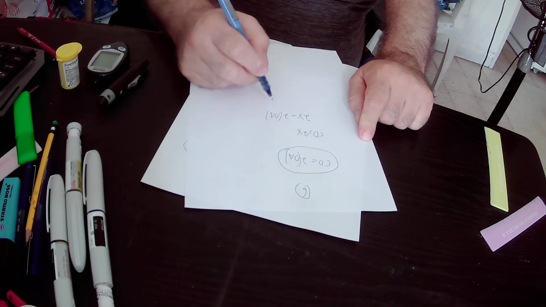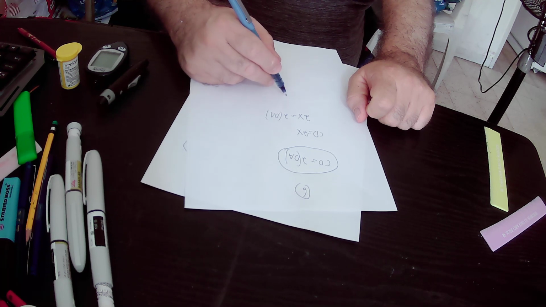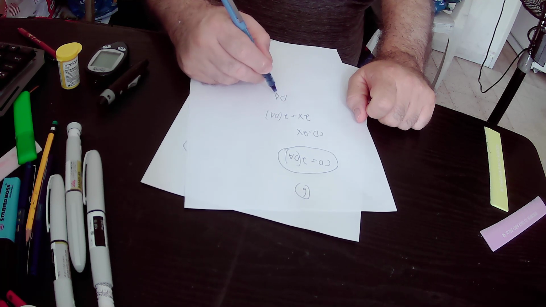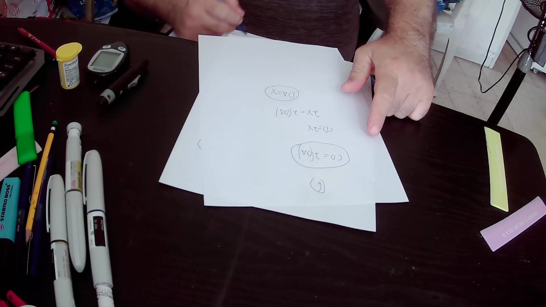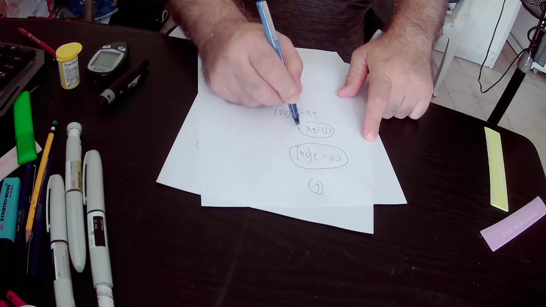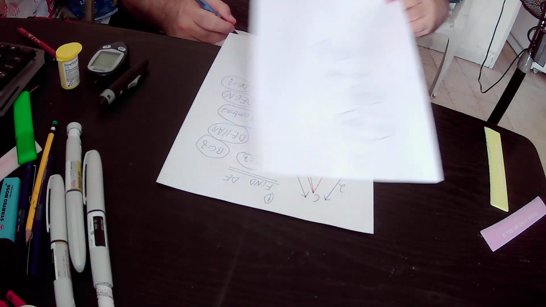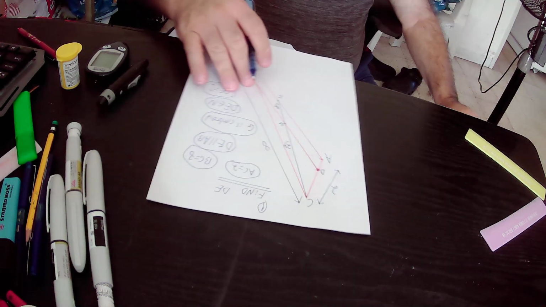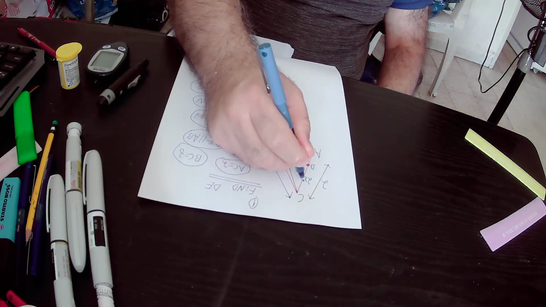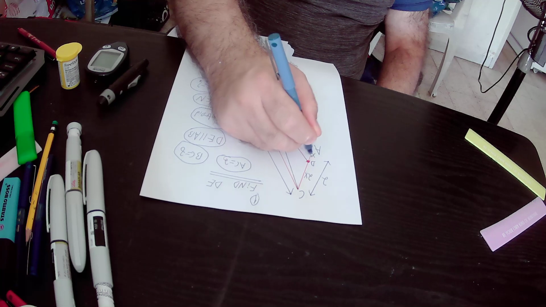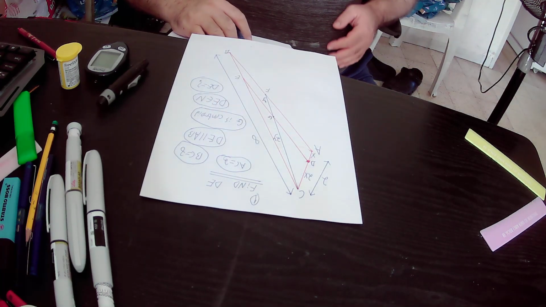Then we will divide this equality by 2, and we will get that DA equals x. So we found out that if CD equals 2x, then DA equals x. Okay?